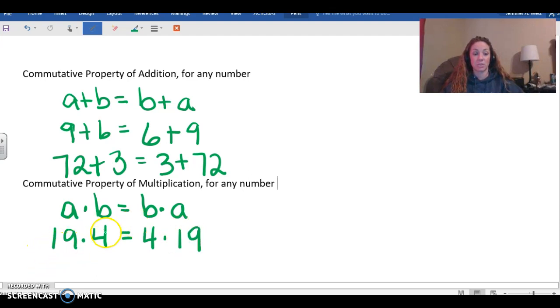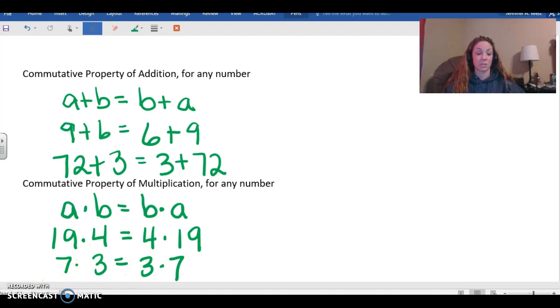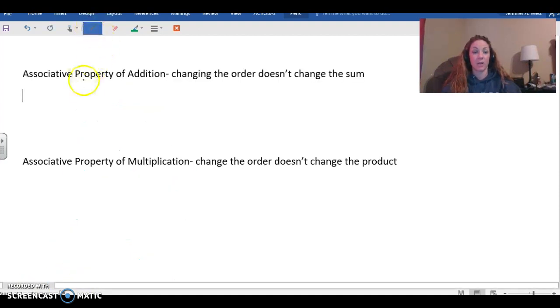Just because you changed your numbers around on one side of the equal sign to the other, it does not change your answer. Let's try another one. 7 times 3, that equals 21. And 3 times 7 also equals 21. So you can change the numbers around, but they will still equal the same thing on both sides of the equal sign.